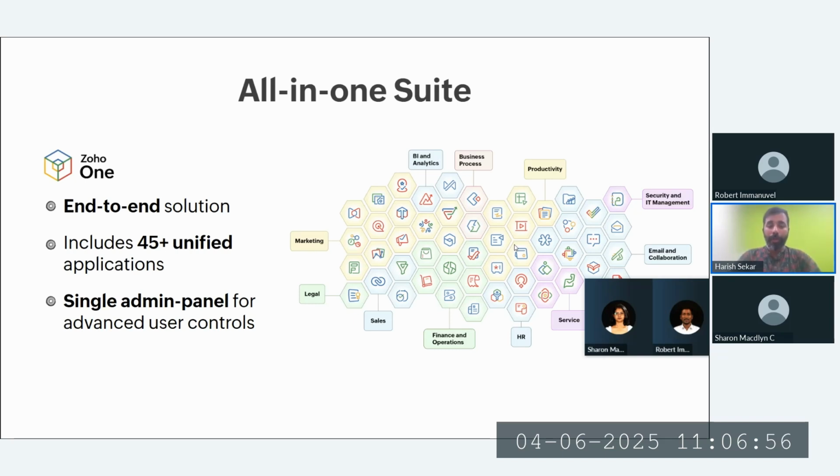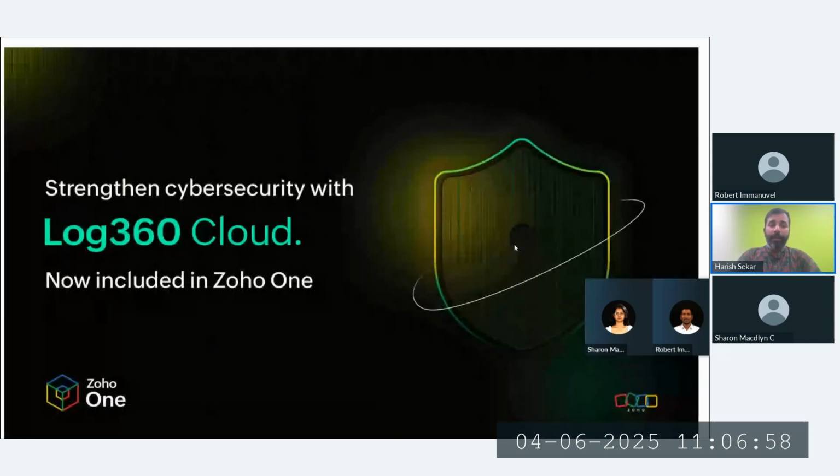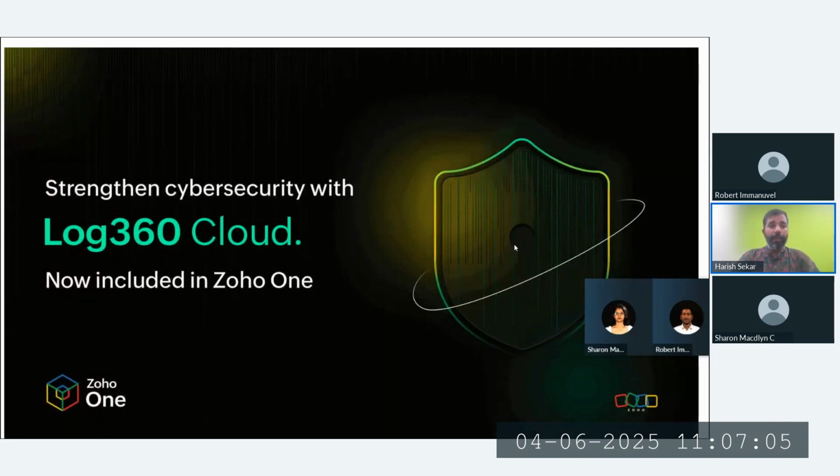This is their modular ERP, right? Not just today, we launched this a while ago, but through this webinar, I'm trying to reach the audience that Log360 Cloud, ManageEngine's Log360 Cloud, is now included in the Zoho One bundle to strengthen cyber security, right? If you're new to this, you're already winning because you get a licensing advantage if you have a Zoho One license already.